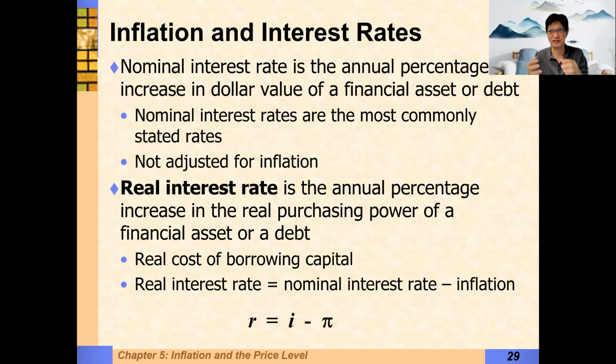Because when we adjust for inflation, usually you need to divide. But if the numbers are small, that is, let's say the interest rate is less than 10%, inflation is less than 10%, then this estimate r is equal to i minus pi is more or less accurate. It's just maybe a little bit off, but it's good enough. So we're going to use this for the class.